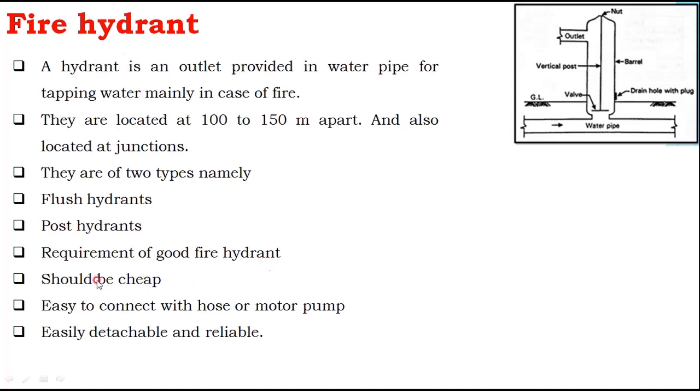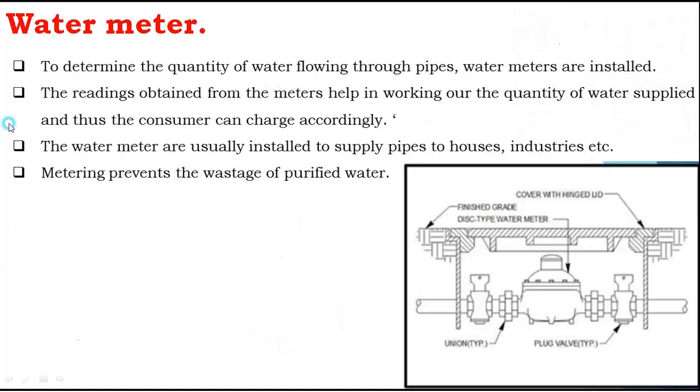The requirement of a good hydrant is, obviously, it should be very cheap, easy to connect with a hose or motor pump, easily detachable and reliable. Okay. Then the last pipe appurtenance, the accessory, is the water meter. Nowadays, as I said, in developed cities they are applying this water meter.